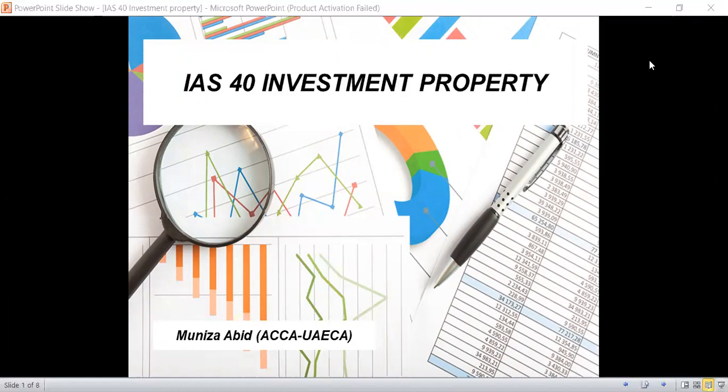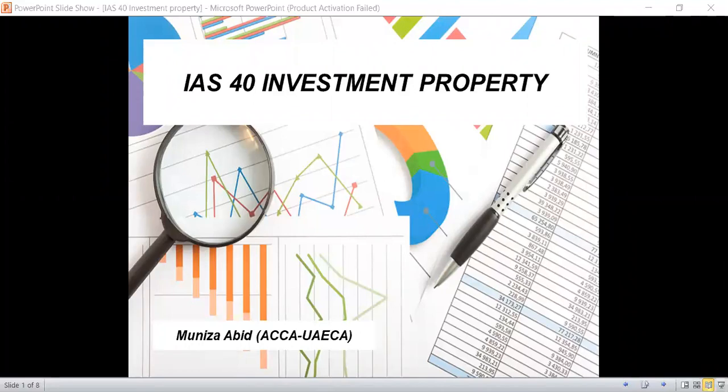IAS 38 deals with intangible assets mainly, and IAS 16, Property, Plant and Equipment, deals with property, plant and equipment as a category of tangible non-current assets. And our today's topic, IAS 40, deals with immovable, tangible, non-current assets.